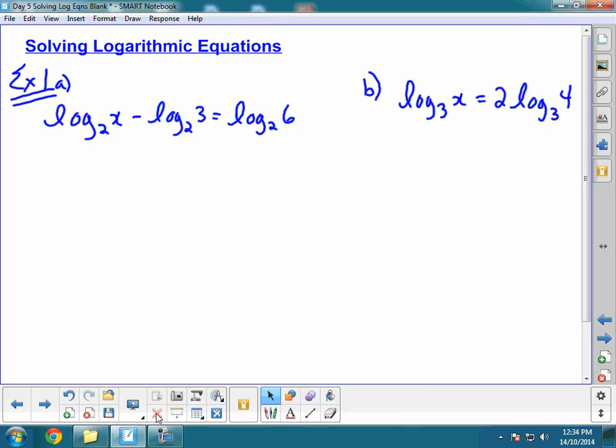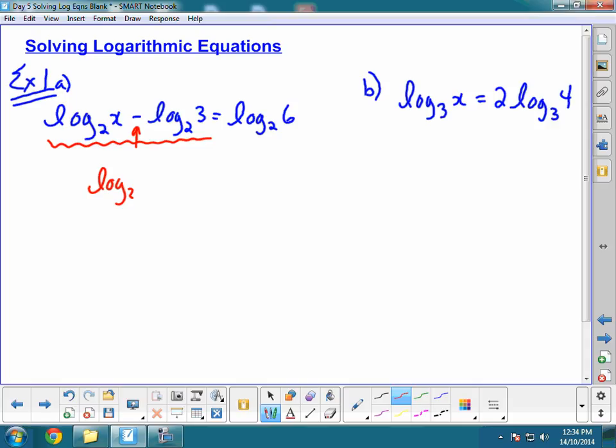Another way you could have done this is to look at the left-hand side and say, hey, they both are log base 2, and I am subtracting. So the division law for logarithms tells me that if I have the same log and I'm subtracting, I can put the answers together and divide. So this can combine into a single log, and it would be x divided by 3.